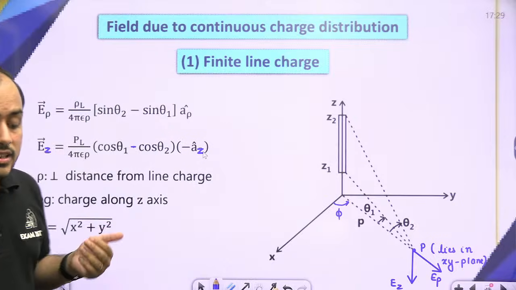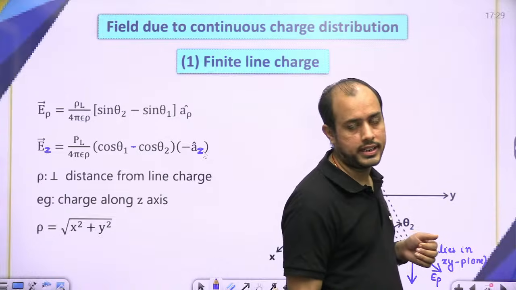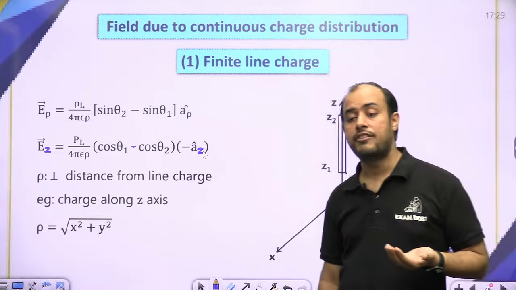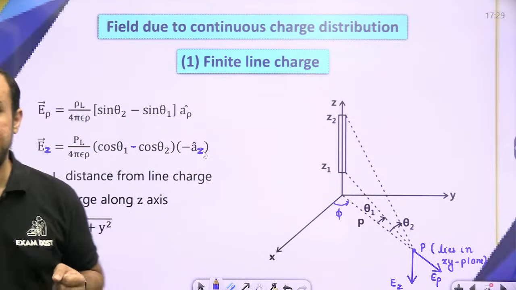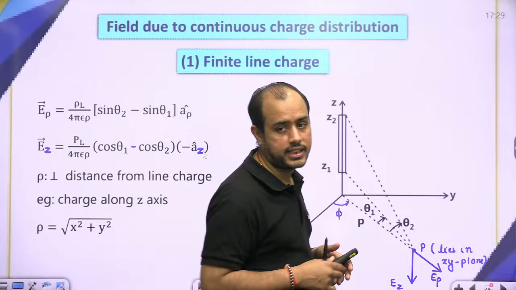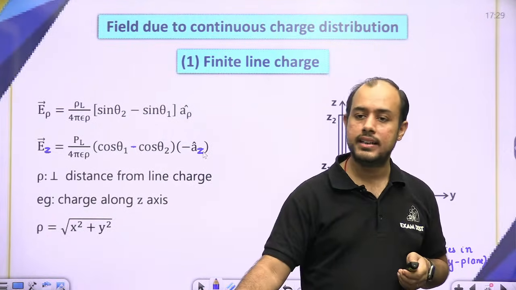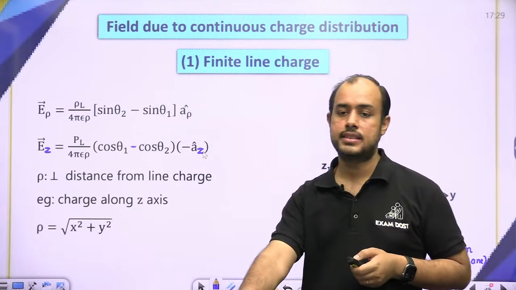If the charge lies on the x-axis, take the distance in terms of y and z coordinates. If the charge lies on the y-axis, take the distance in terms of x and z coordinates. Whichever axis the charge lies on, take the distance in terms of the other two coordinates; that is called the perpendicular distance. Understood?